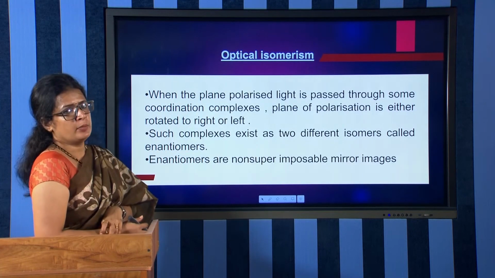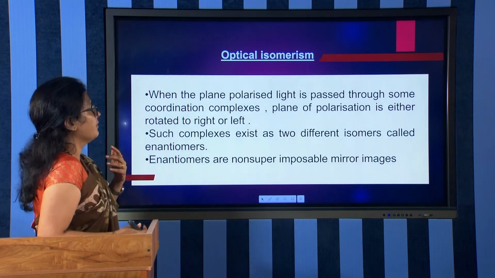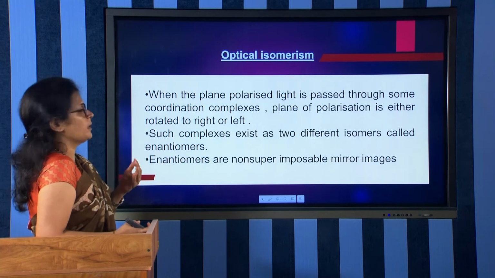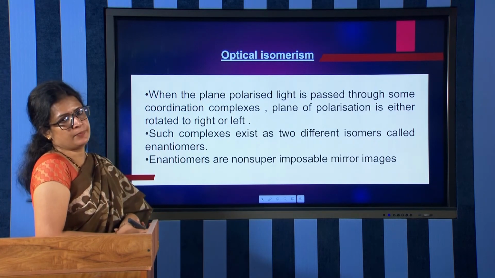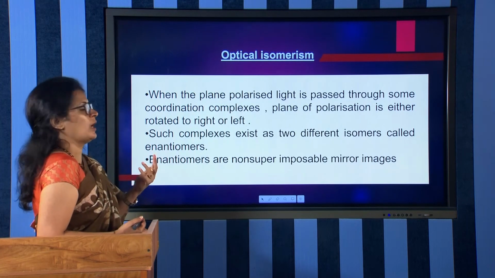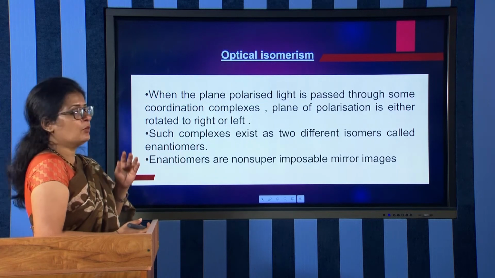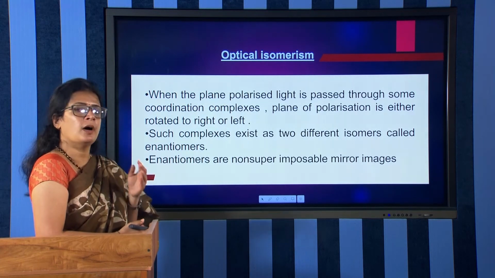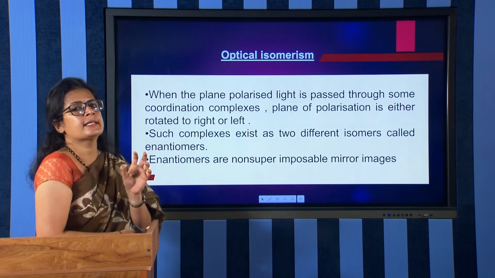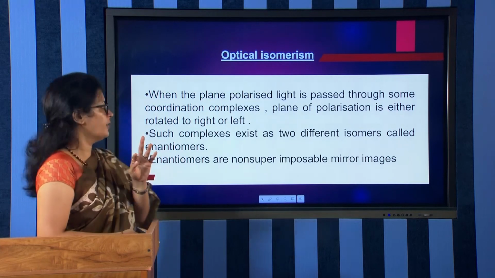What is optical isomerism? Before that, you have to understand that when plane polarized light is passed through some coordination complexes, these coordination complexes will be rotating the plane of polarization either to right or left.